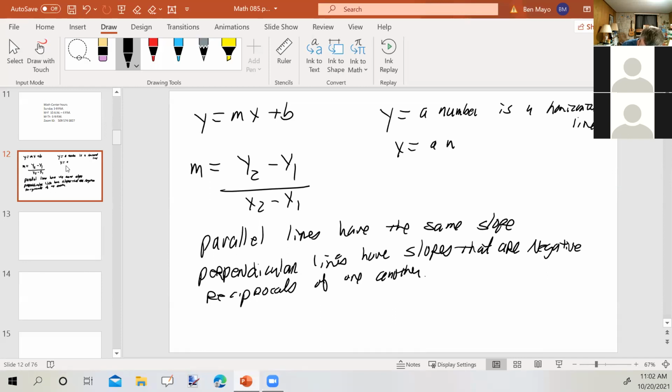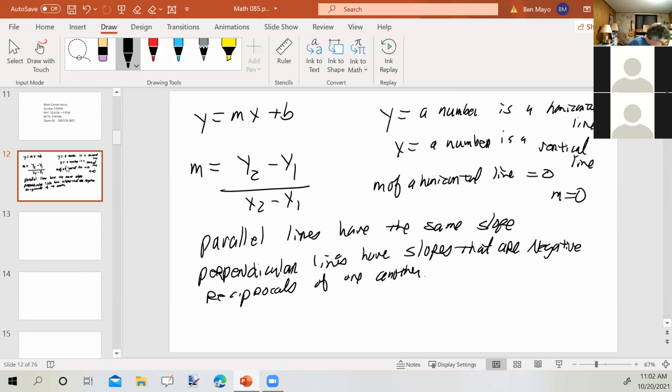X equals a number is a vertical line. Let's see, the slope of a horizontal line is 0. So you'd say m equals 0. I think that's all. Do any of you want any examples of any of these specific rules being applied? No, I'm good. Thank you, though.